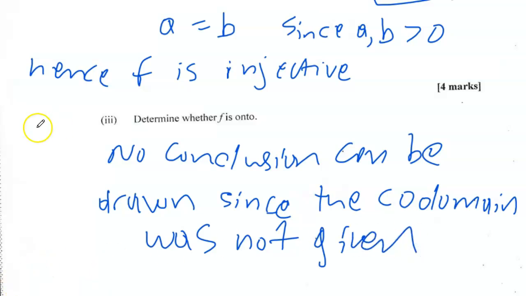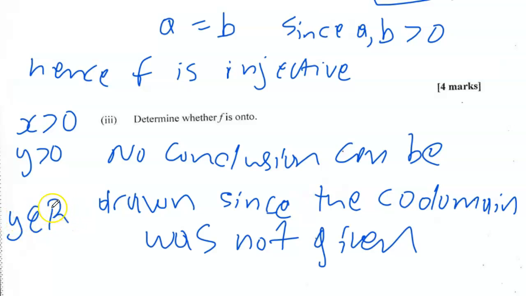Now, if the codomain was the same as the domain, x greater than 0, then yes, we could say the function is onto or surjective. If the codomain was y a member of R, meaning y could be negative numbers, then it would not be onto.